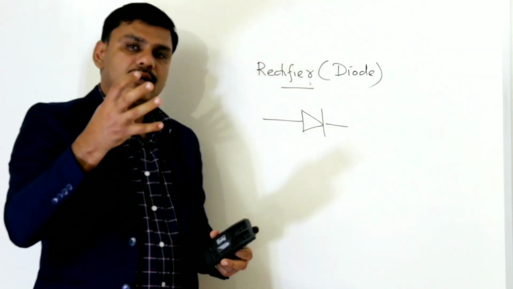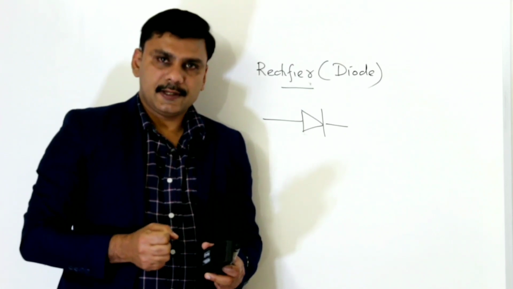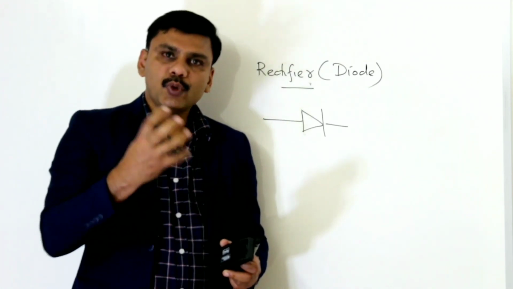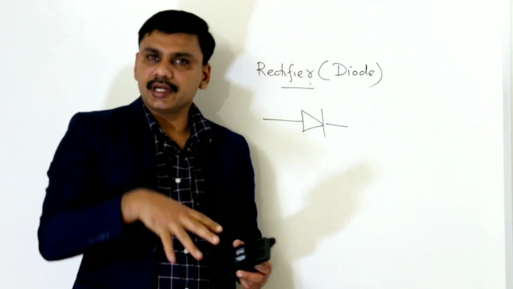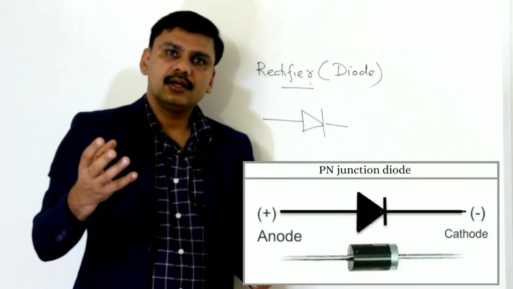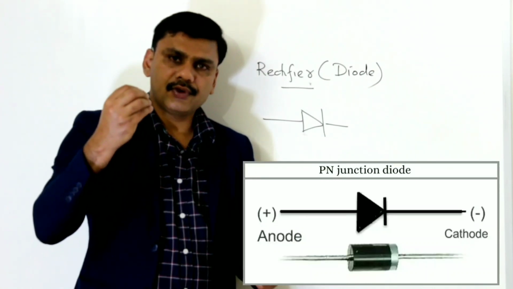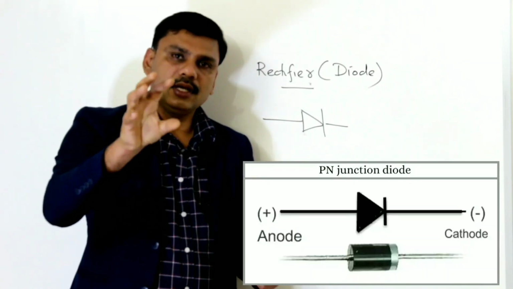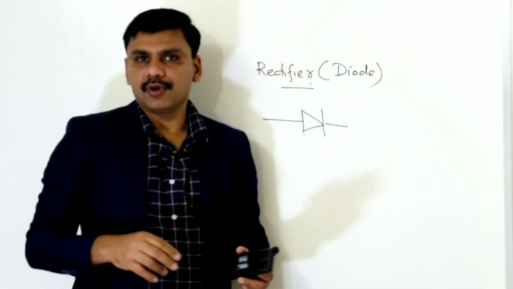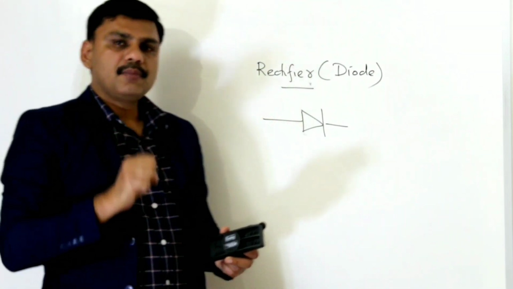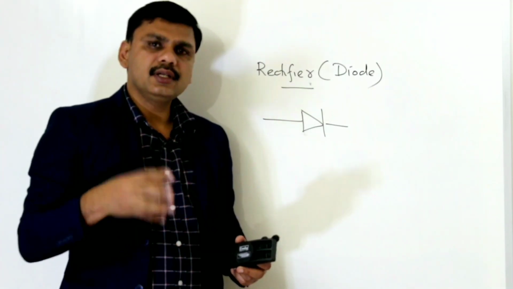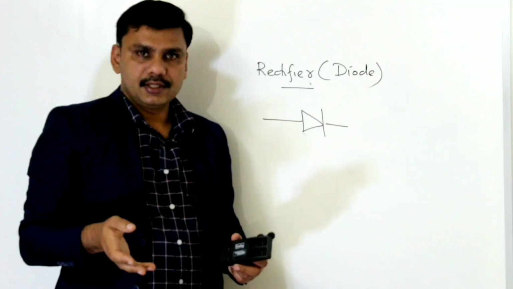You know that for our laptop charger and mobile charger, you are taking a voltage of 230 or 240 from the connection. But the laptop and the mobile phone work with low voltage.